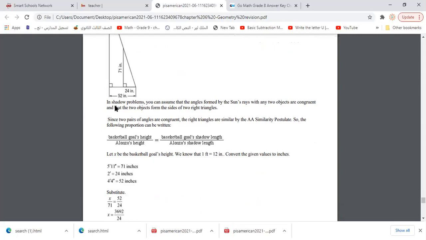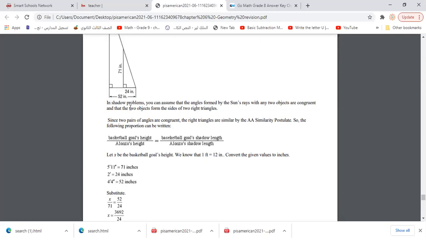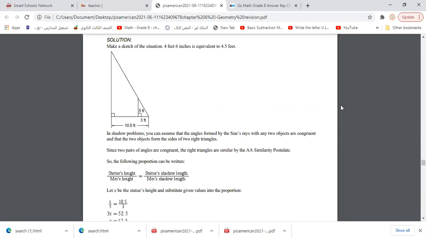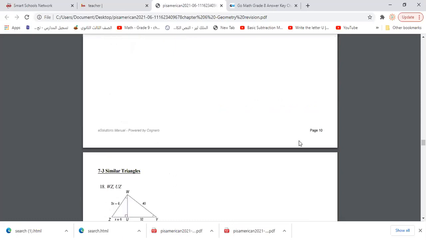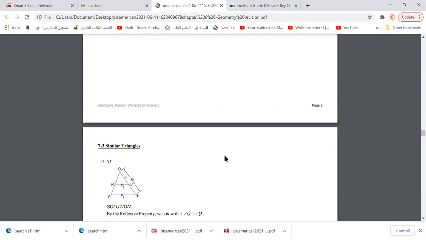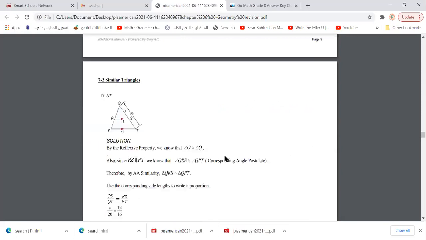After that, you are going to use proportional sides, and then you will find the value of x. This is the idea we are going to cover in our term exam, which is related to similar triangles. All the questions have the same idea.